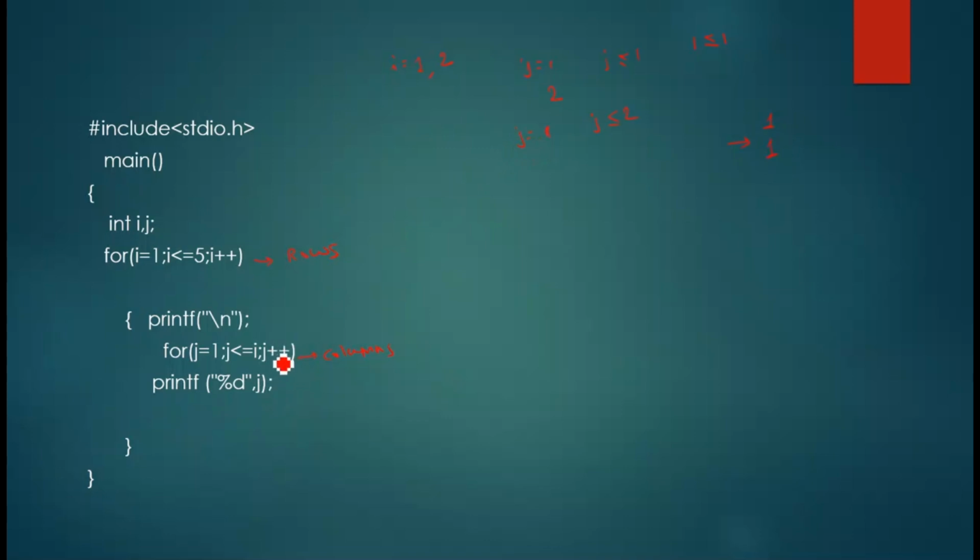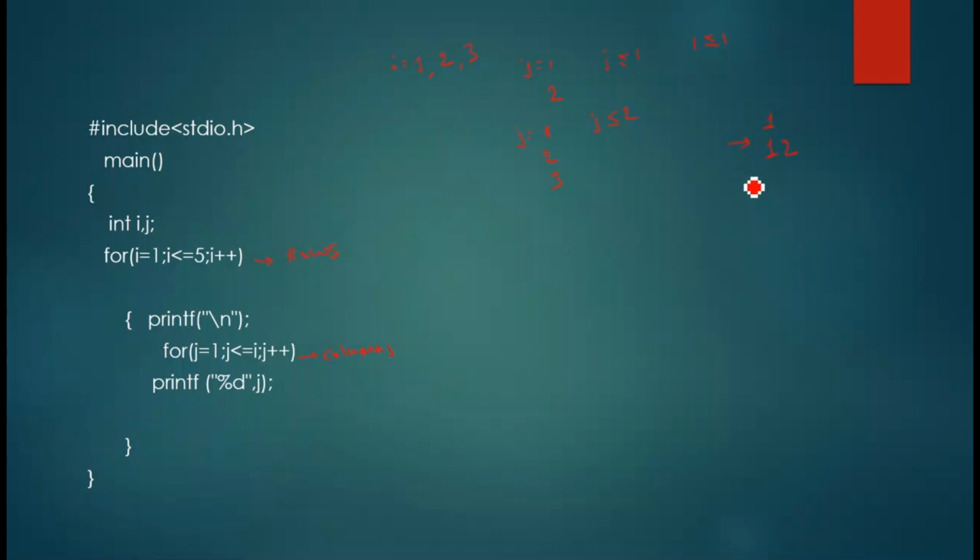Now j will be incremented by 1 and become 2, and 2 less than or equal to 2 is again true, therefore it is going to print the value of j, which is the number 2. Now j will be incremented and become 3, but the condition will be false, so it will come out of the inner loop and go to the outer loop to increment the value of i.